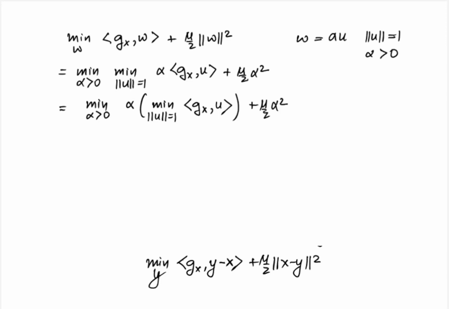It can be seen that the term within the bracket is nothing but the negative of the dual norm of gx. So the problem becomes minus alpha dual norm of gx plus mu by 2 alpha square.